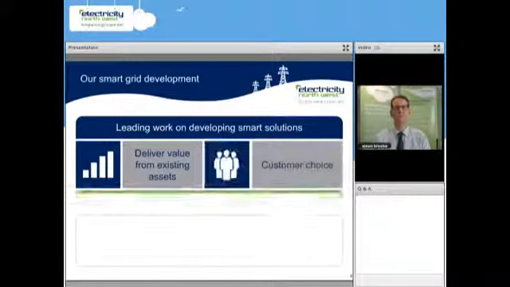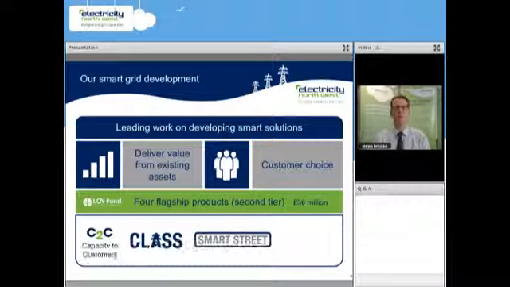Okay, now we've been very fortunate as part of the Low Carbon Network Fund to have been successful in receiving funding for 4 flagship projects. Class, which we'll be talking about today, Capacity to Customers, which comes to an end very soon, Smart Street, and, unfortunately, our presentation material has not worked very well, and in the space that you see it should actually say Respond, which was the Tier 2 project that we won last year.